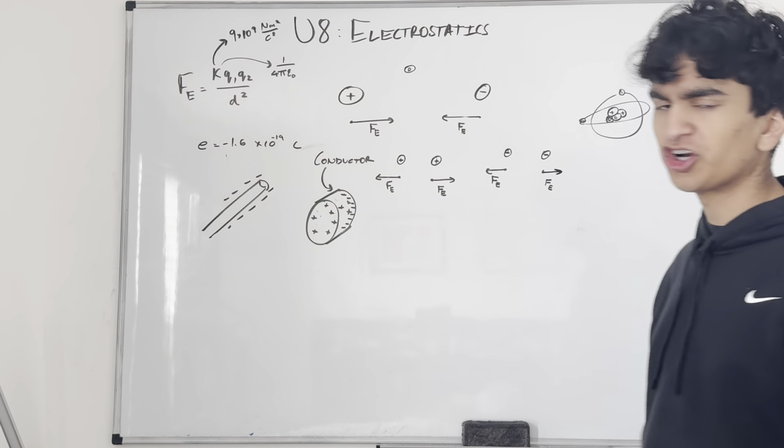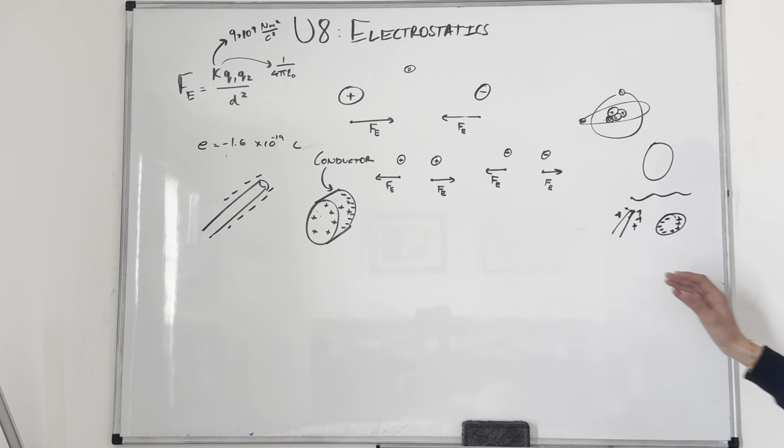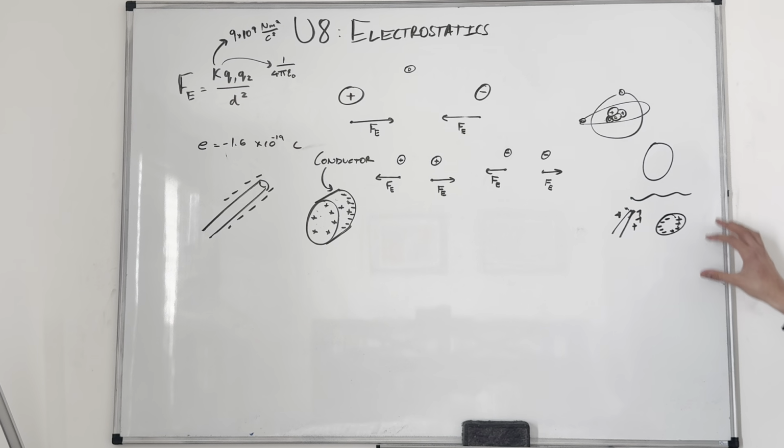But they'll draw it like this, where it's like, oh, the positives moved away to one side, negatives got closer. Well, in reality, what happened was the negatives moved closer, but the protons never changed. It's just now overall, there's more positive on one side, right? There's less electrons on one side. That would lead to more positive. So that's the nitty gritty of it, I guess a more realistic model.